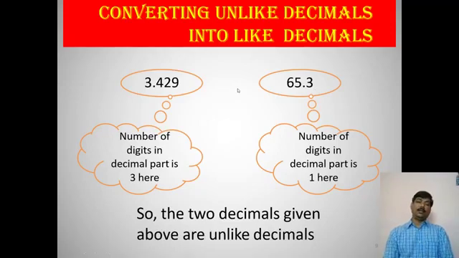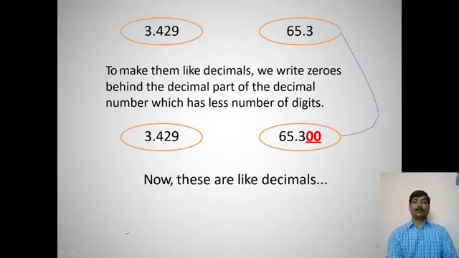We can convert them into like decimals. How? The number of digits in the decimal part is 3 here and 1 here, so the two decimals given above are unlike decimals. We will change them into like decimals.